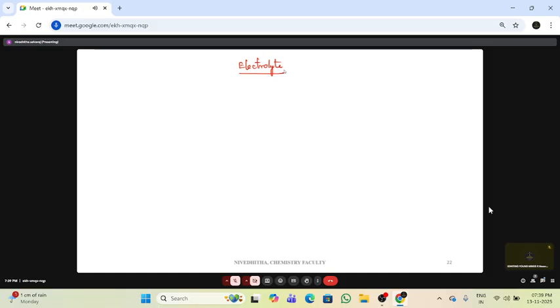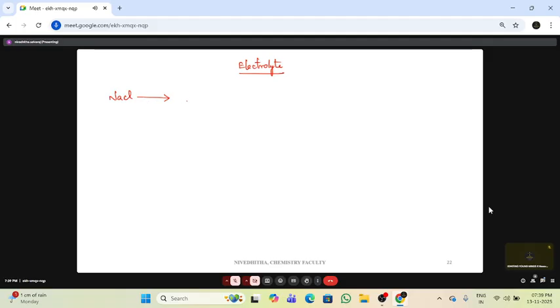This term you have studied in your electrochemistry also. If you guys are from 12th standard, this term is not new to you. Electrolyte. I'm going to take a chemical compound, for example, NaCl, and I'm going to dissolve this NaCl in water.